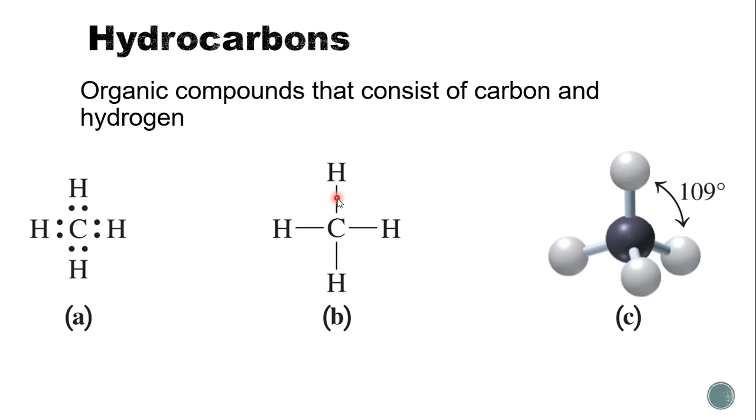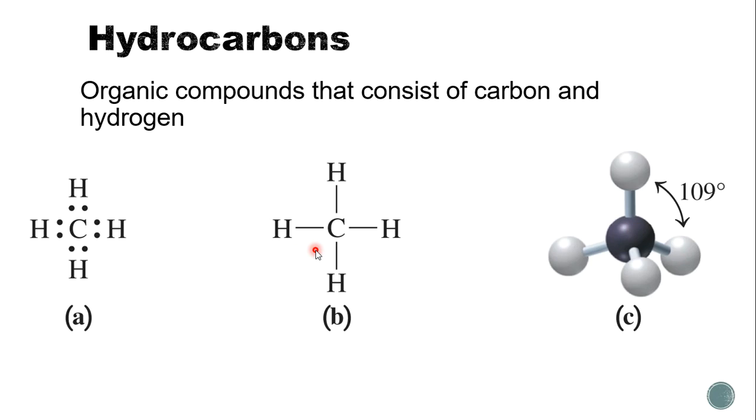Here we see the same type of structure, just instead of drawing dots, we show our bonds as lines. So remember, these lines represent 2 electrons. So this carbon is sharing 2 electrons with this hydrogen. And here's just our 3-dimensional model. We haven't dealt with these in this class before, but sometimes 3-dimensional models are really cool to look at. This is what these actually look like in 3 dimensions.